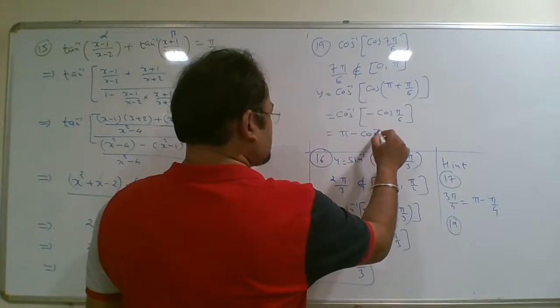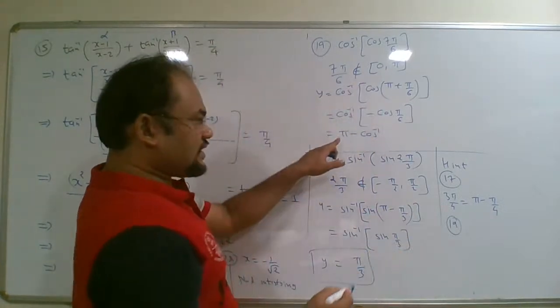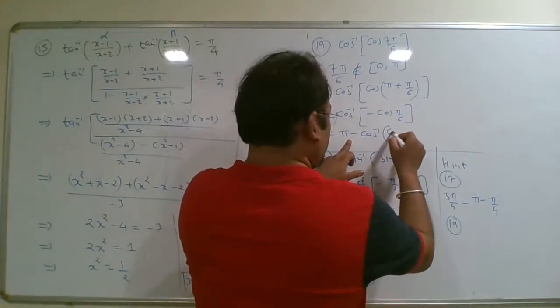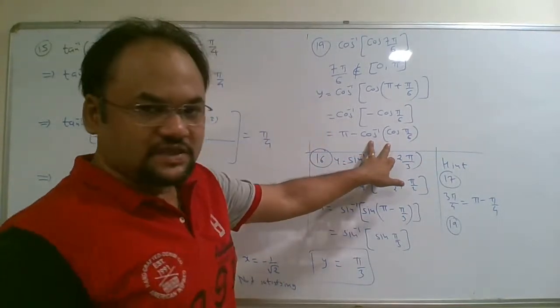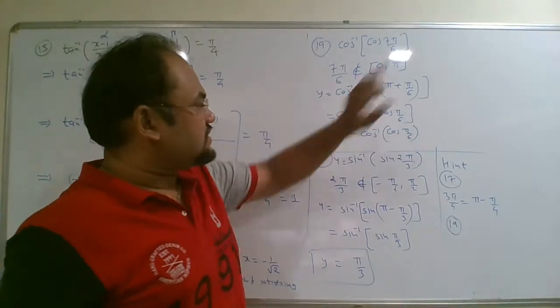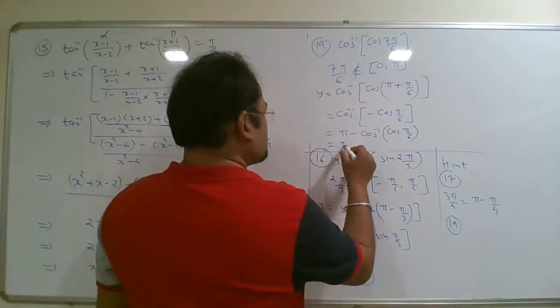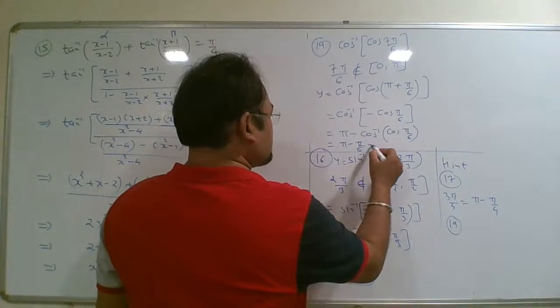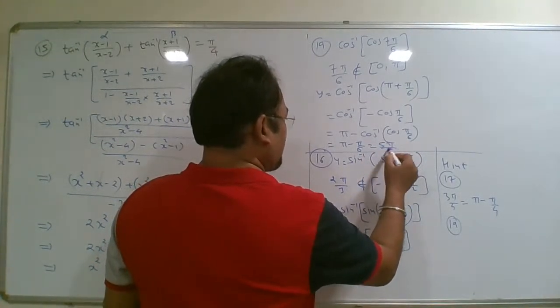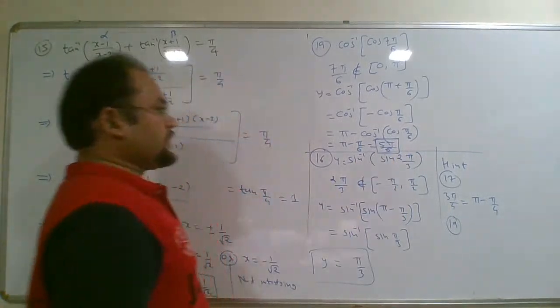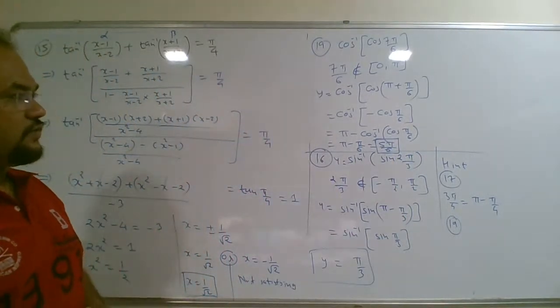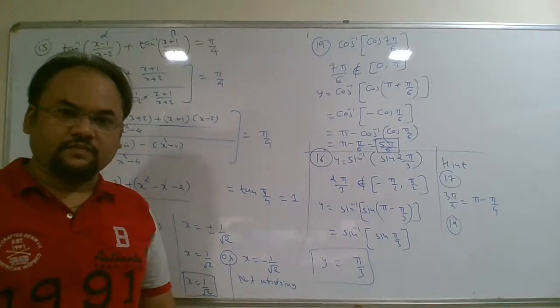Pi minus cos inverse. माइनस से बाहर निकाल लेंगे कैसे? पाई माइनस करके, pi minus cos inverse of cos pi by 6. Now we can cancel because pi by 6 is in the range. So pi minus pi by 6. Final answer 5 pi by 6. So y equal to 5 pi by 6.